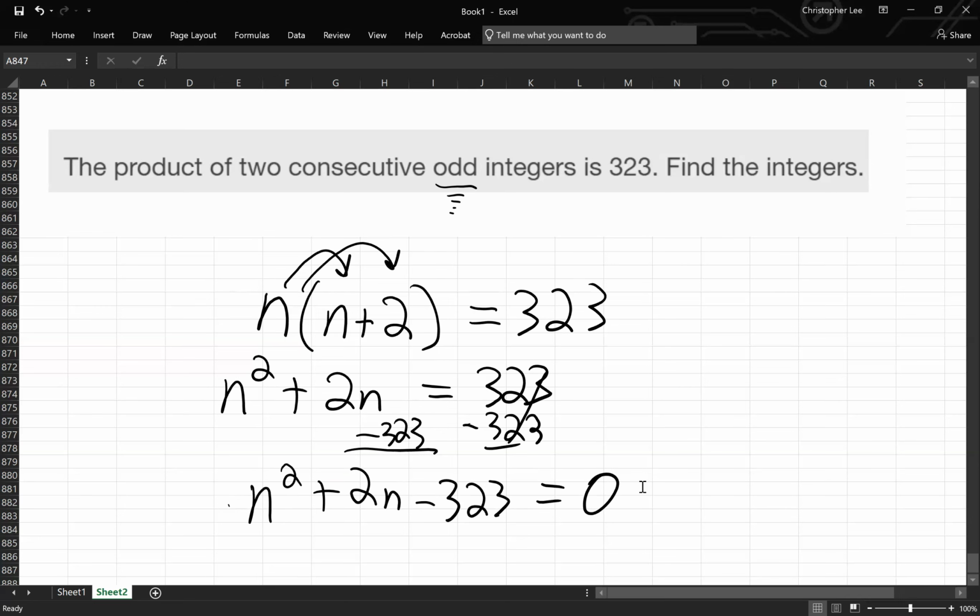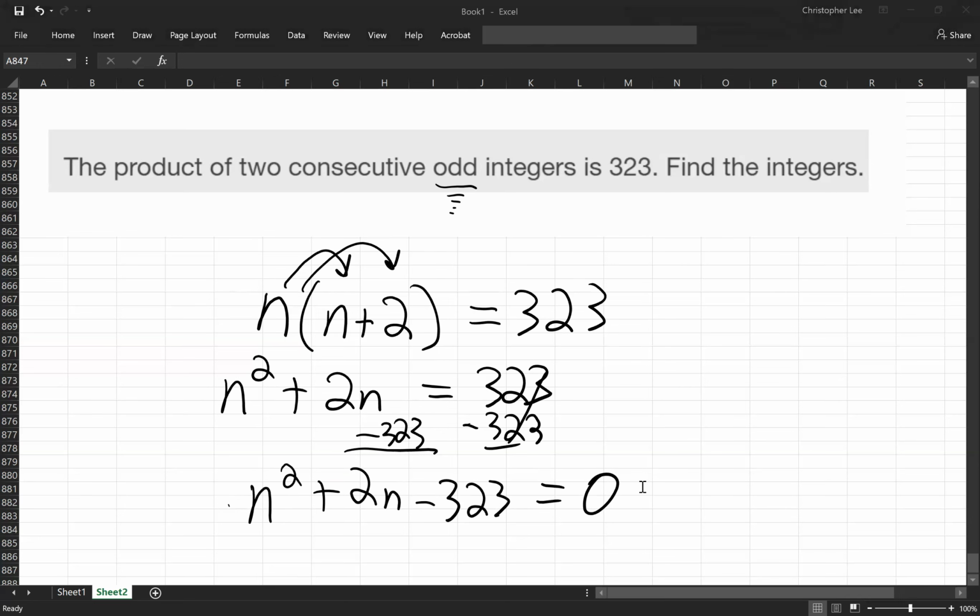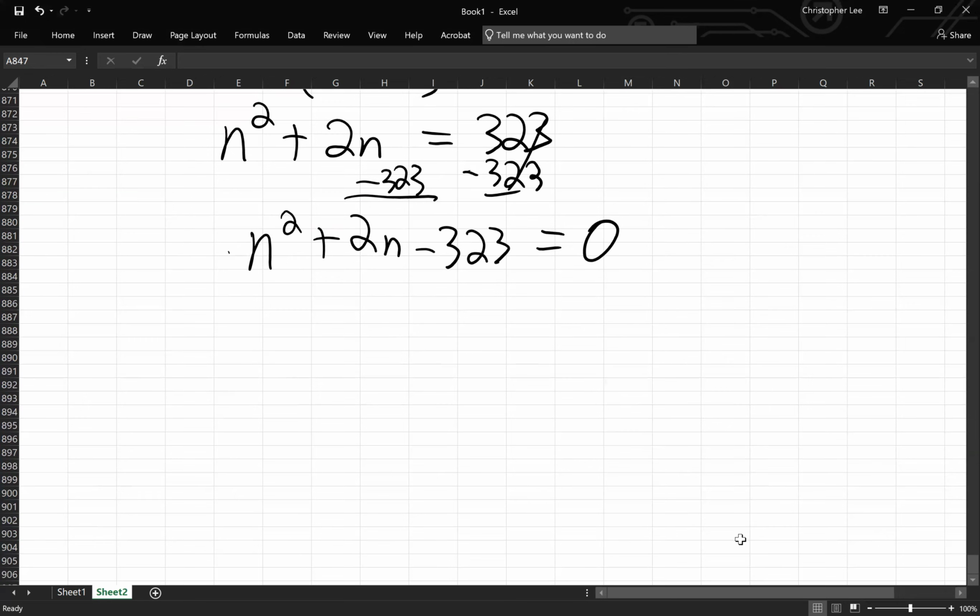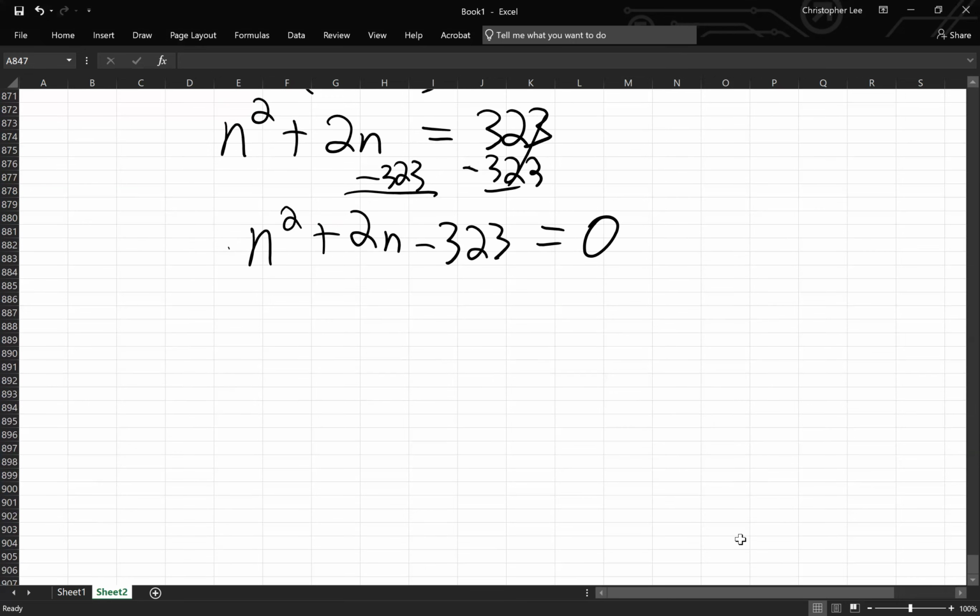So now what I want to do is figure out two numbers that multiply to give me 323. I don't know, 323 is a hell of a number, right? So I'm just gonna start breaking it down by prime numbers. Remember our prime factorization tree, right? So let's see. 3 plus 2 is 5. 5 plus 3, that's like 8.